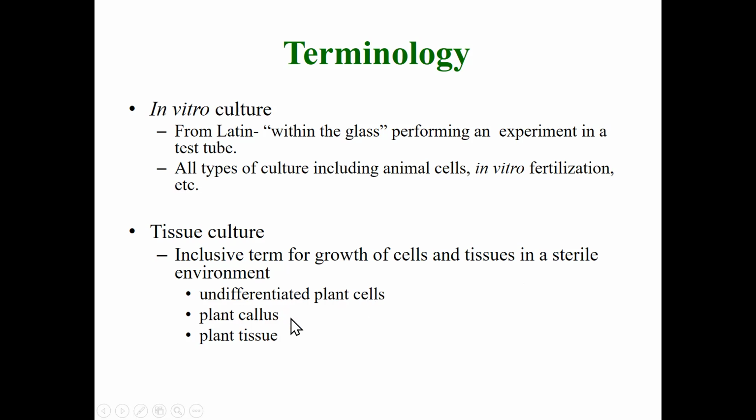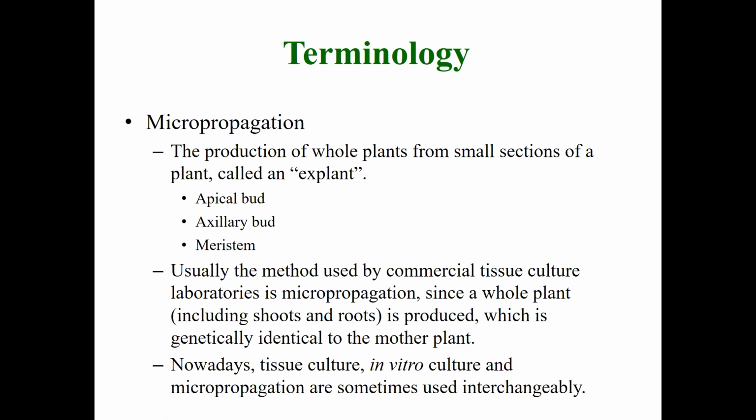And the cells we use should have potential for dividing: undifferentiated plant cells, plant callus, or plant tissue. Callus means profusely grown parenchymatous cells, usually colorless.